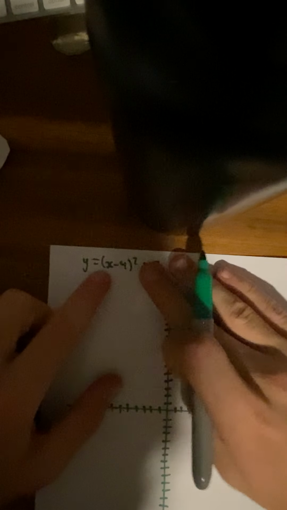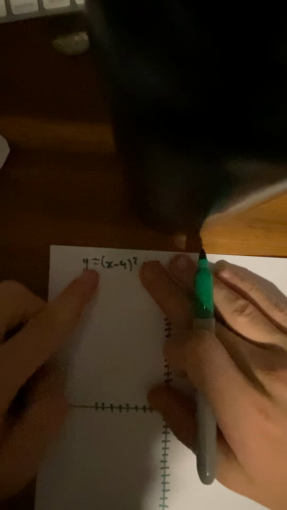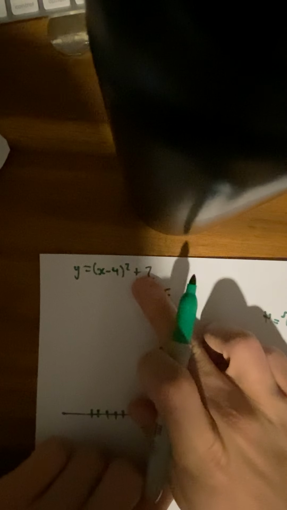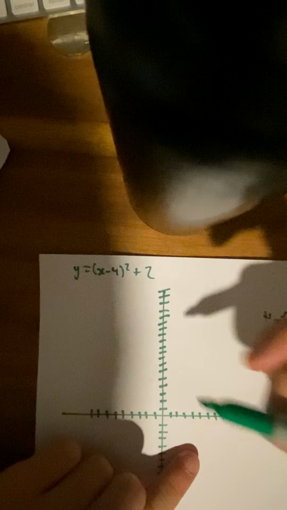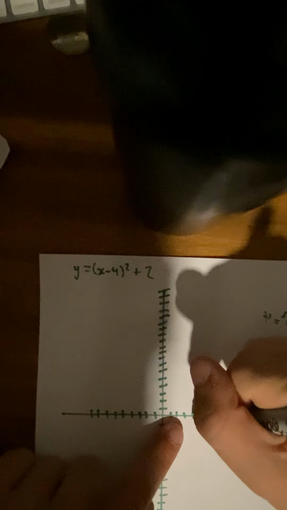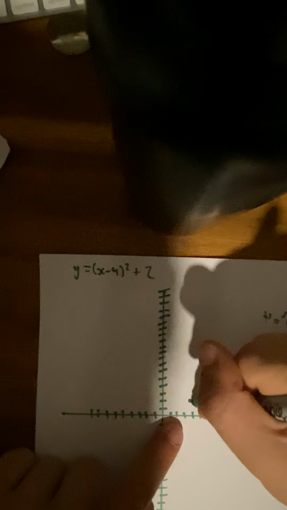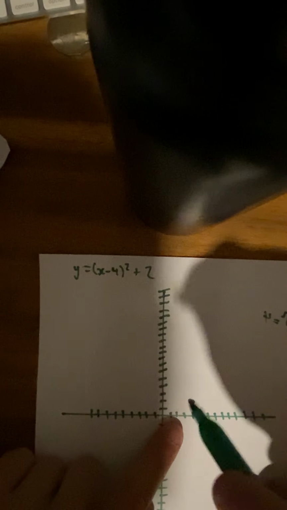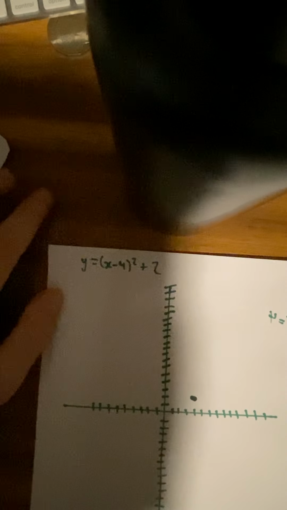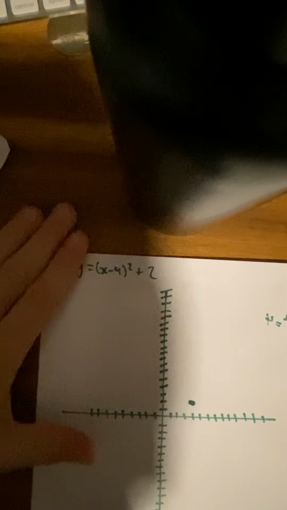Because consider (x minus 4) squared. The vertex will be the x-intercept, which is x equals 4. But we're moving it up 2 units. So therefore, the vertex of this function is going to occur at (4, 2), simply moving the previous vertex up by 2 units.